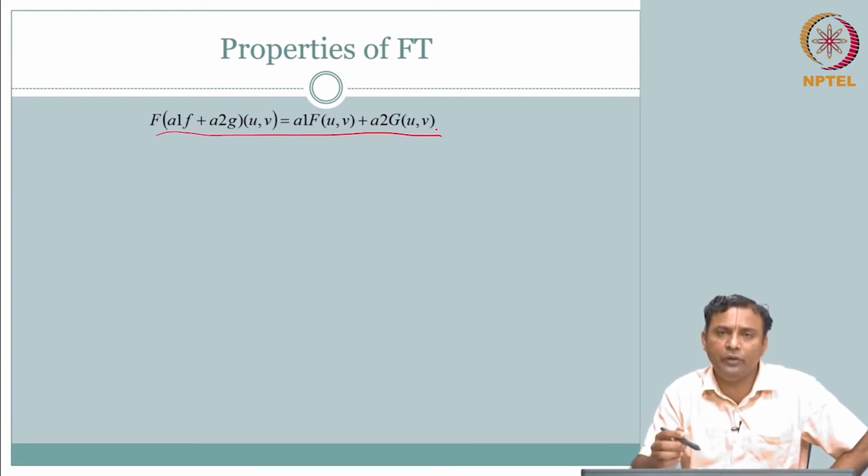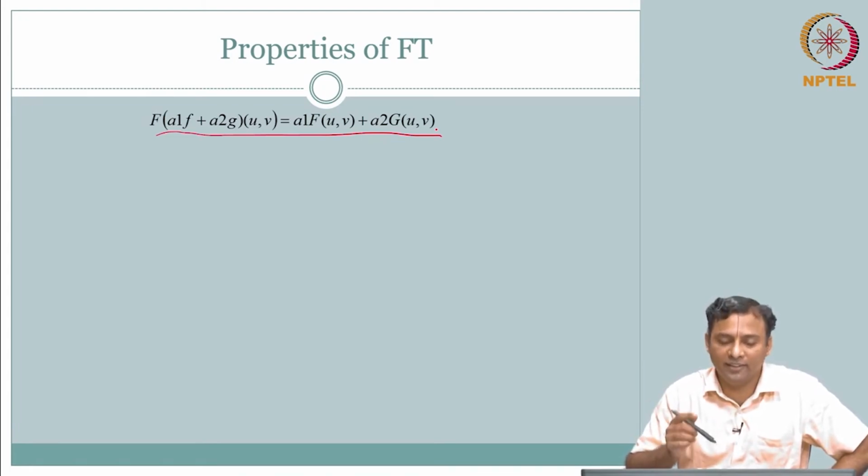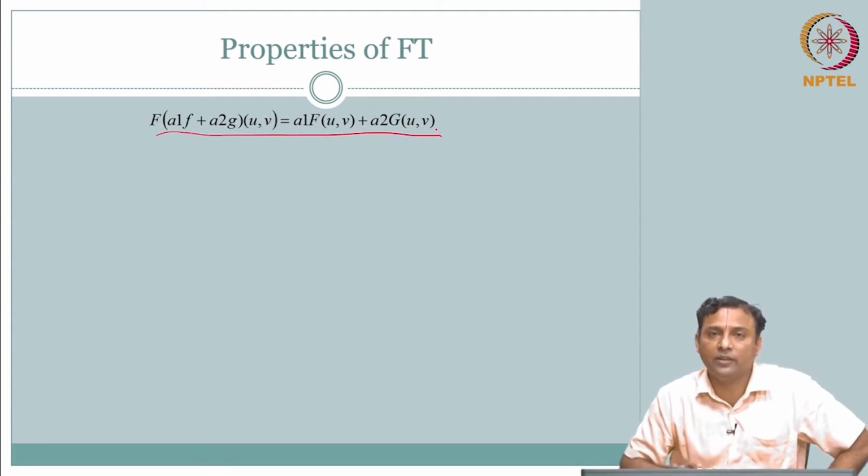None of these should be the first time that you are looking at or hearing about this. If that is the case, then I sincerely recommend you go back and review, read one dimension first and then look at this.